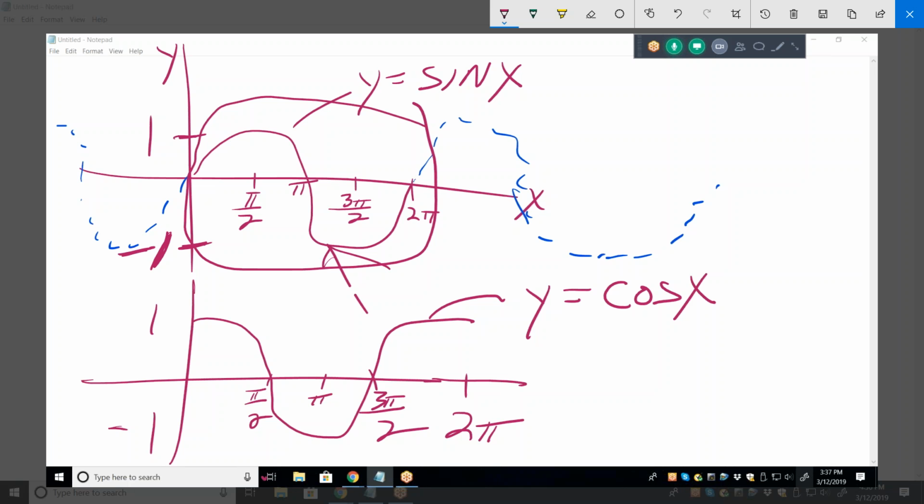It's not so clear as to what the sine of pi over 4 is. I don't know what that is without my two triangles, but I certainly know what the sine of pi over 2 is. It's the peak, which is 1, and the trough is minus 1 for both sine and cosine.